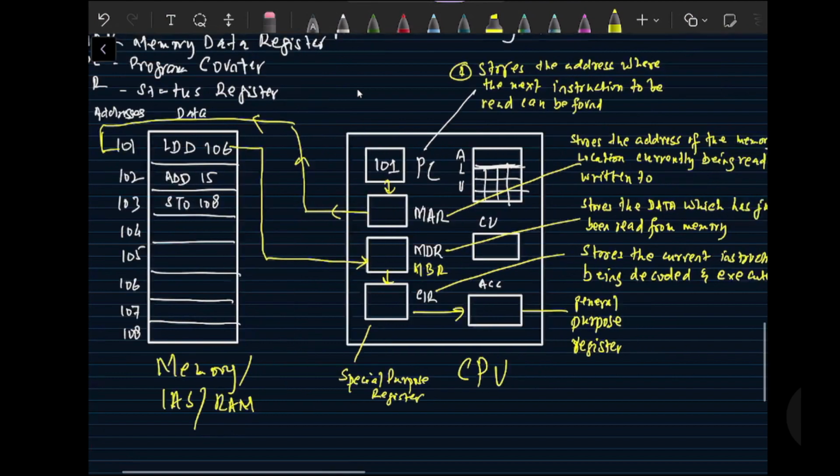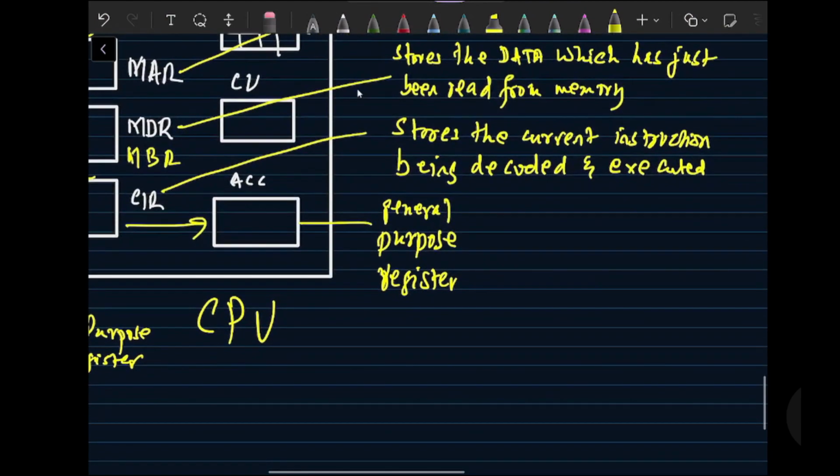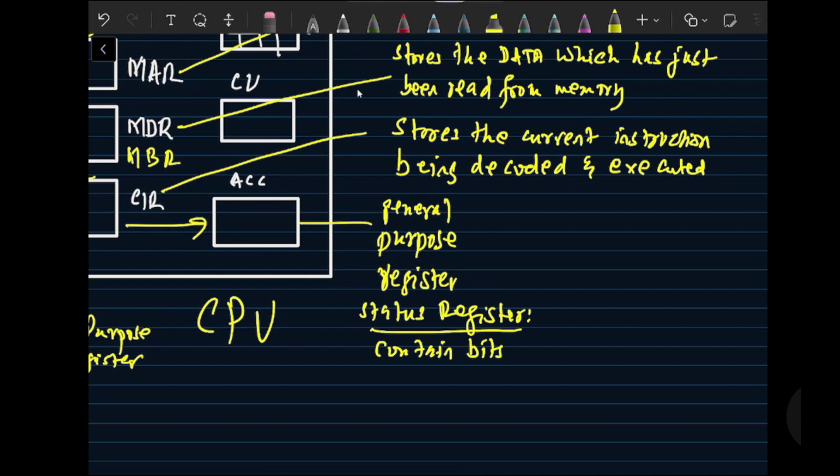The status register contains bits which can be set or cleared depending on the operation.